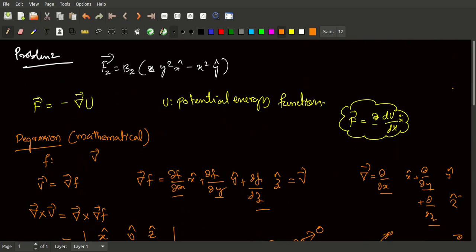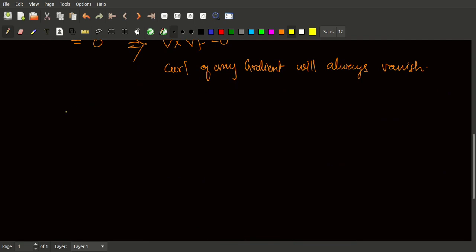Which means if I take the curl of this function, it also has to vanish, because f is the gradient of u, right? So if I take the curl of f, which is a curl of a gradient of u, this has to vanish.